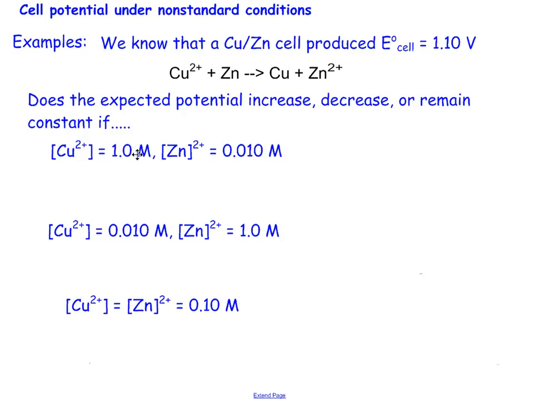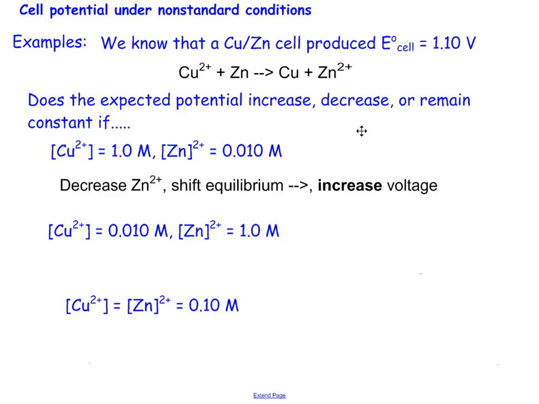If I keep copper at 1 molar, that's what it is for standard states, but decrease zinc ions to 0.01 molar, I've decreased a product. Le Chatelier's principle indicates that the reaction would shift towards the right. So I should increase my voltage.